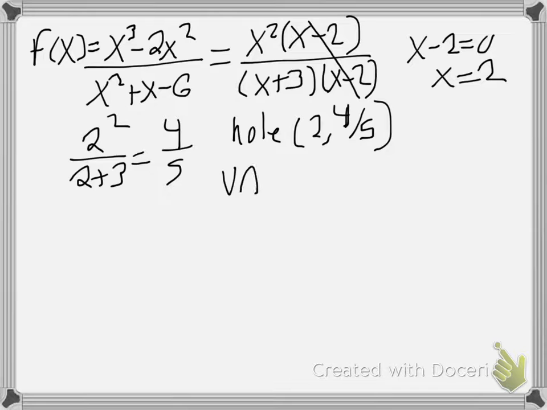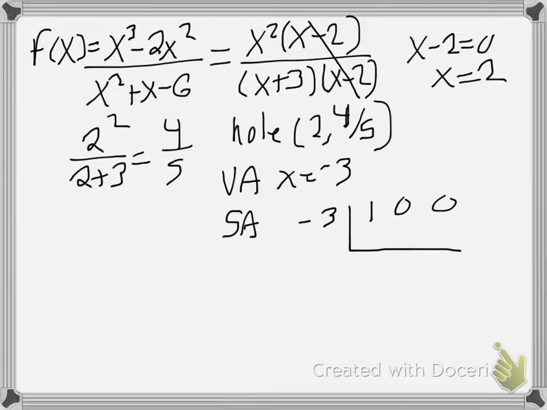Vertical asymptote is going to be at x equals -3. I am going to have a slant asymptote. And how do I find that? Well, I do my -3, and I have 1, 0, 0, because it's 1x squared plus 0x plus 0.